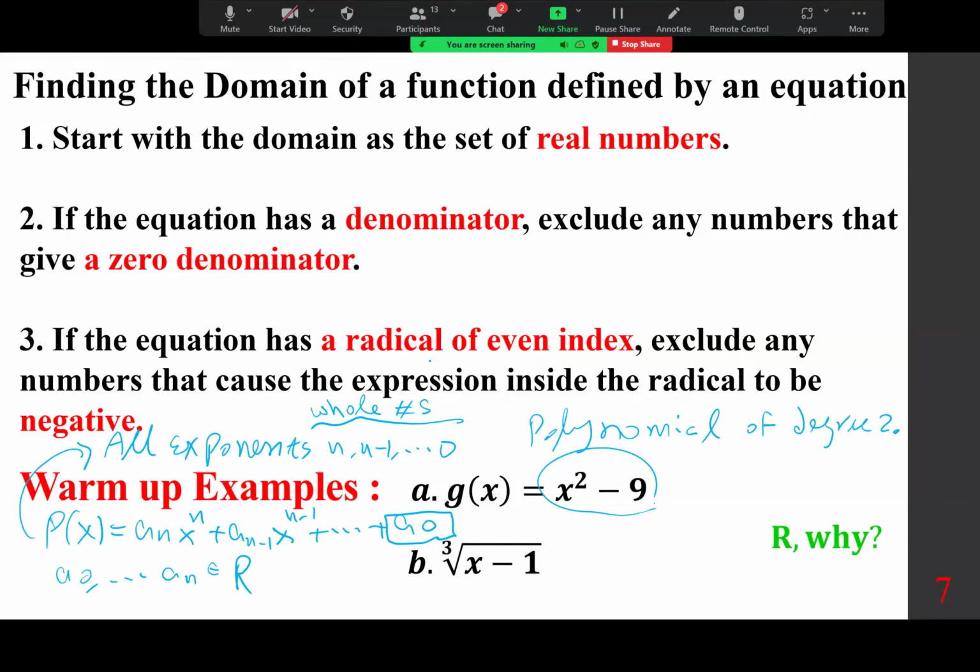Okay? That's why, for example, x to the power of 1/2 or 2/3, or if you have a fractional format, it's not a polynomial.